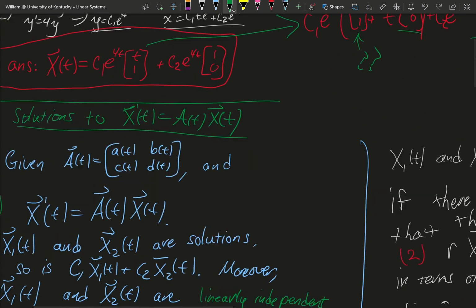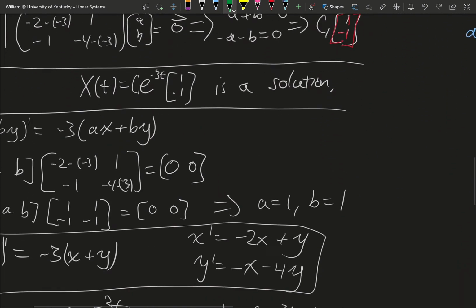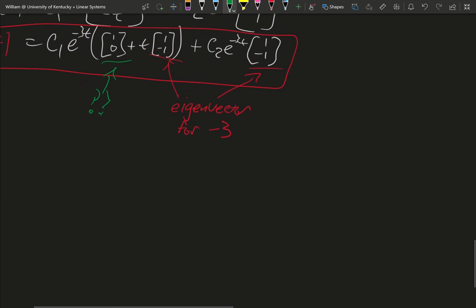Okay, but we can see the pattern, so maybe we can try to figure out where that other part comes from.